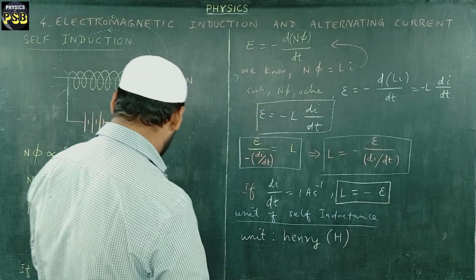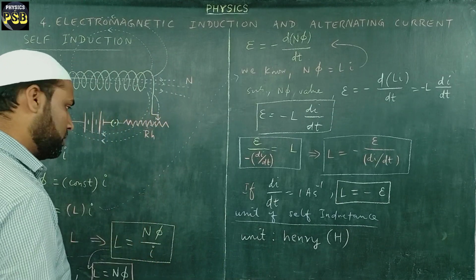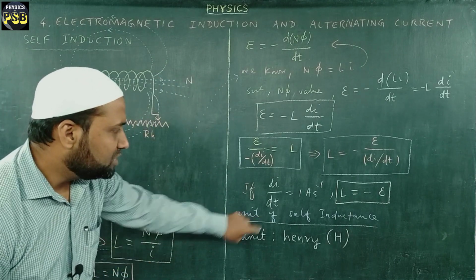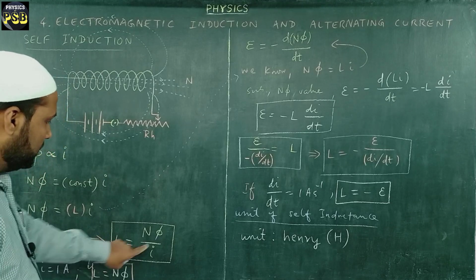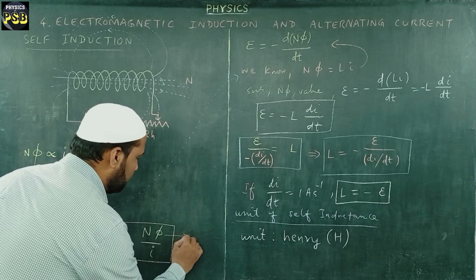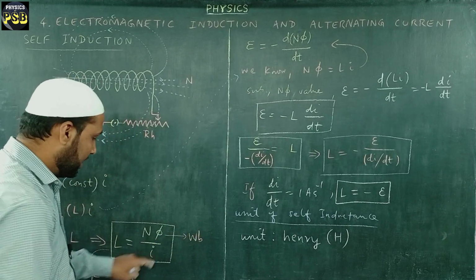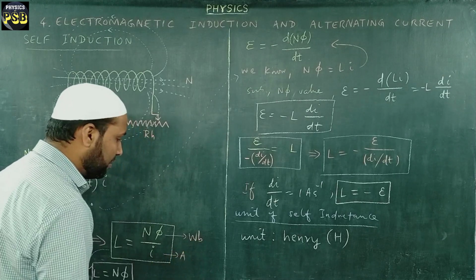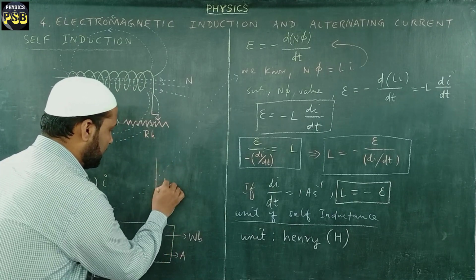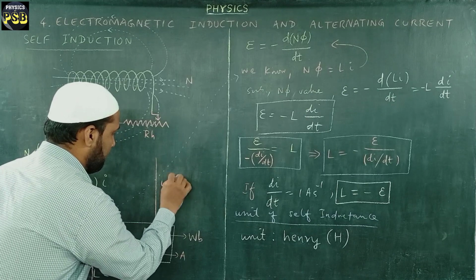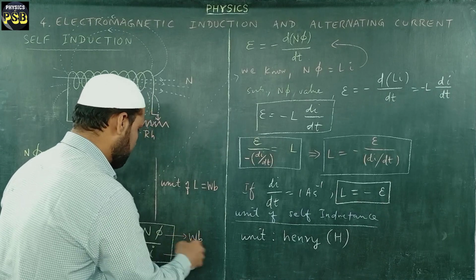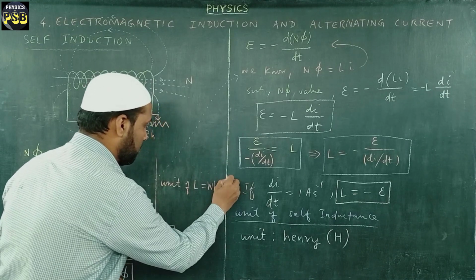Let me write those alternate units. The first alternate unit of self-inductance can be obtained from this equation. Here we have phi divided by I. So phi is measured in Weber and the current is measured in ampere. Keeping this in mind, the unit of L can be written as Weber per ampere.